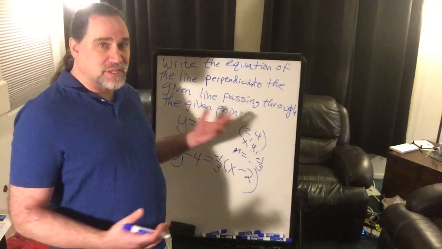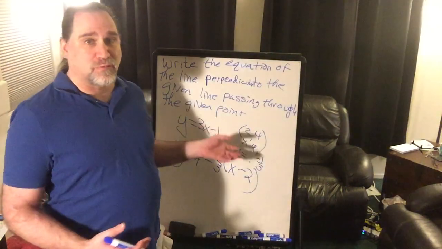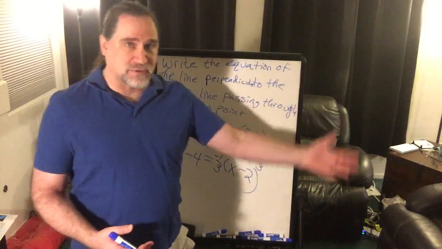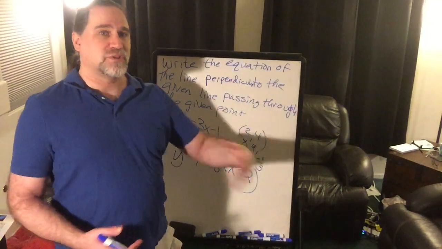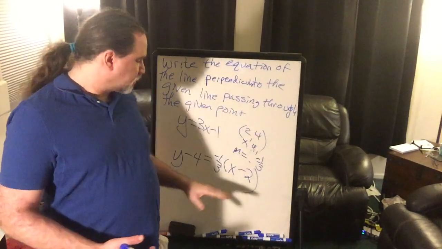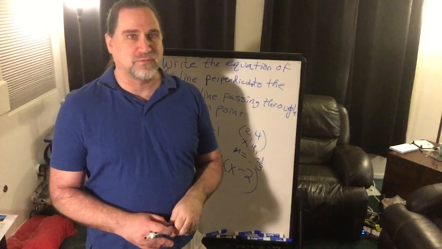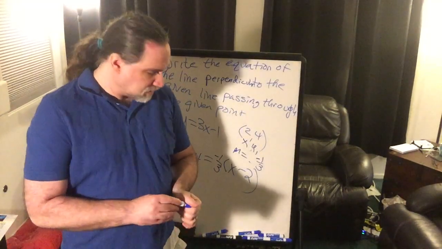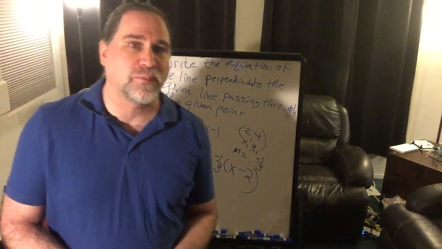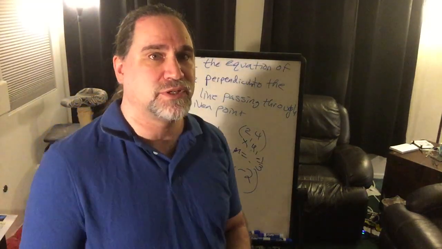If it were written in some other form and they said they want it to be parallel or perpendicular, then I would have to convert it to find the slope so that I could just grab the slope and then either use it as it is or change it to its negative reciprocal for a perpendicular line. Okay, that is it for parallel and perpendicular, and I will see you in class.